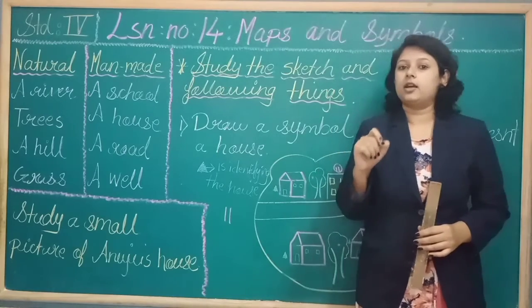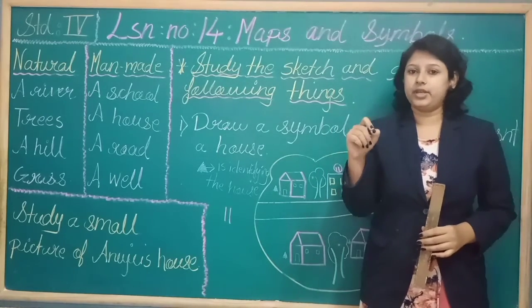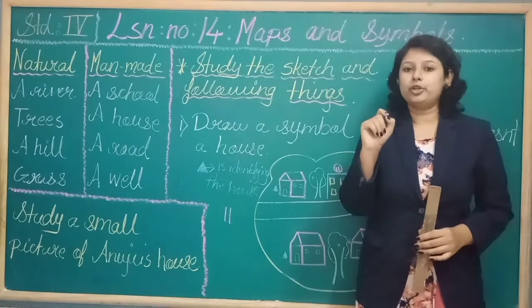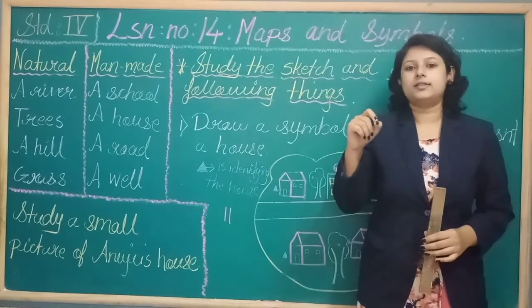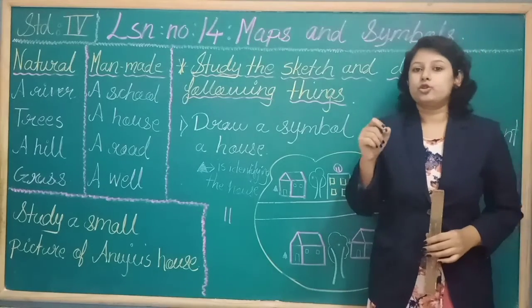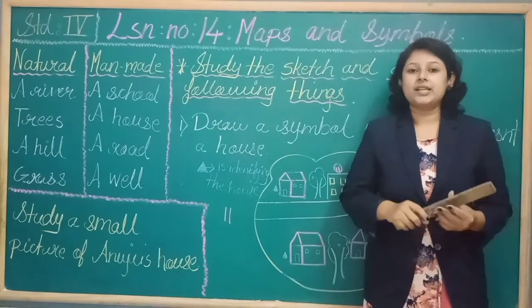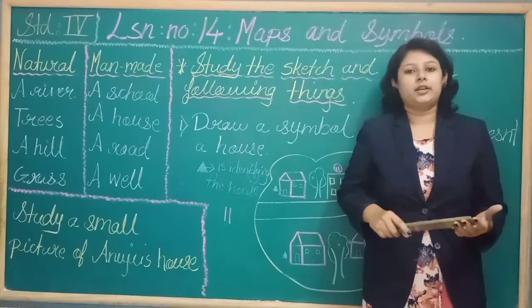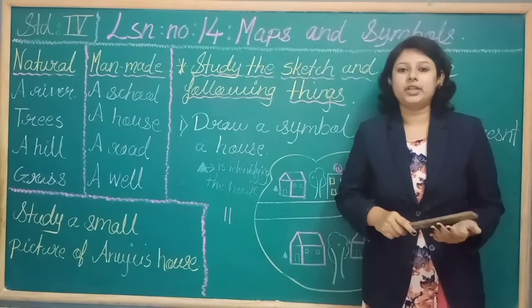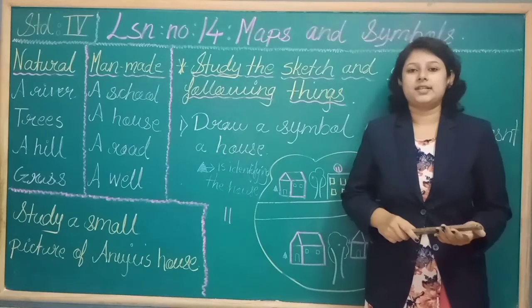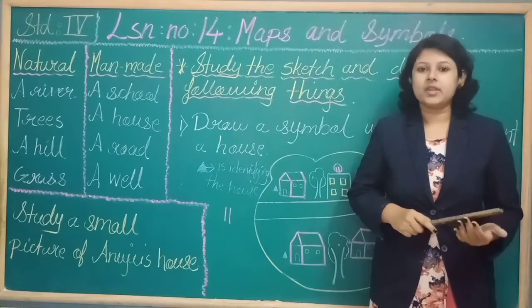Then if you are taking a dot to identify the trees, you will put the dot somewhere here or there, outside the trees, to identify the trees. In the same way, you will give a symbol for each and everything that is represented in the map.